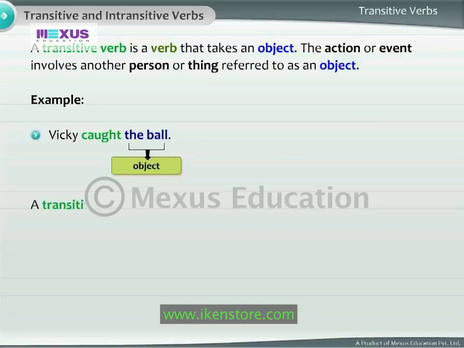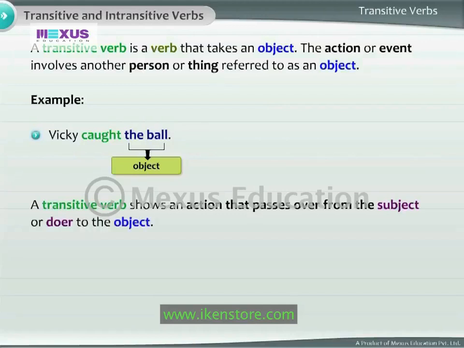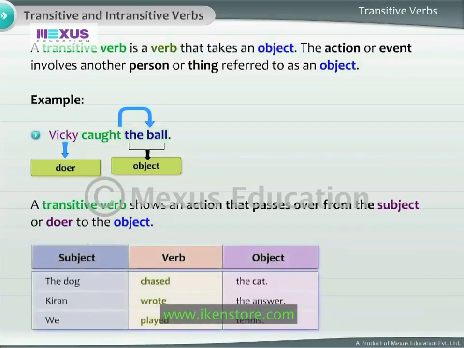The transitive verb shows an action that passes over from the subject or doer to the object. The action of catching is passed on from the doer, Vicky, to the object, ball. So, the sentence begins with a subject and ends with an object. Take a look at this table for some more examples of transitive verbs.